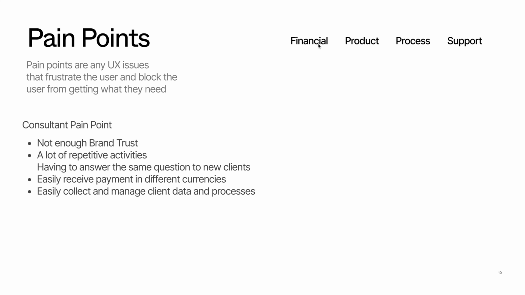If they come to your website and they are unable to achieve this for some reason, that is a product pain point. Your product is probably misleading, or it doesn't guide the user properly to the point where they can achieve exactly what they want on your website or on your product.